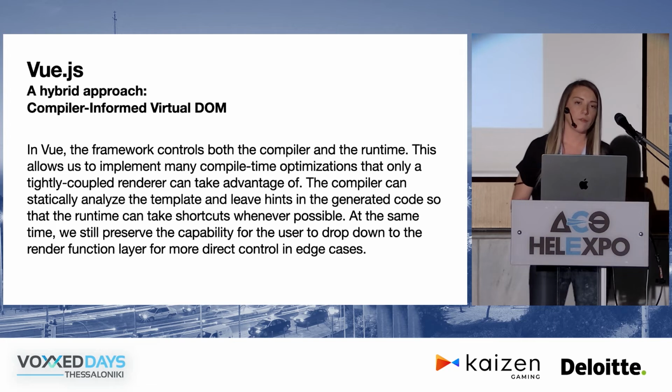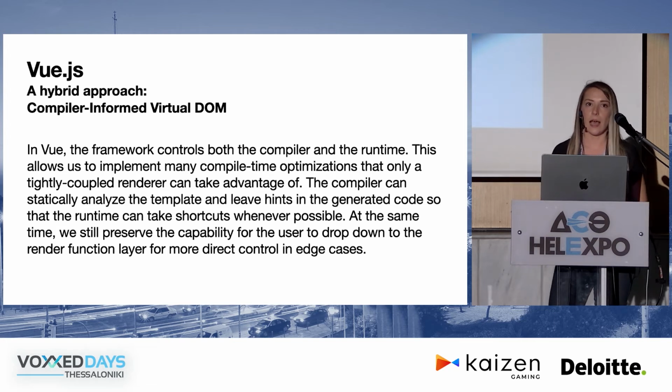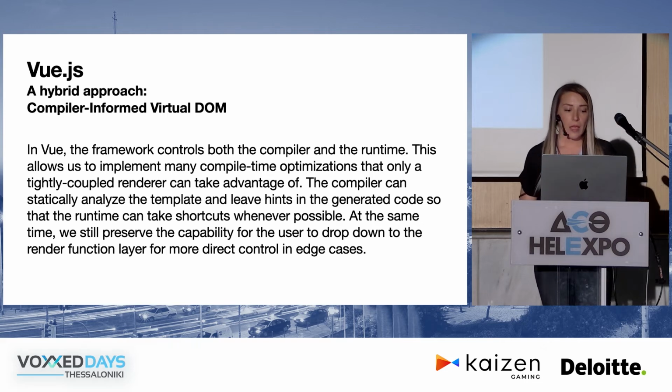There is a compiler for the virtual DOM, which is tightly coupled, and this compiler can take advantage of some generated code that Vue.js leaves behind, and knows how to better handle things and still preserve the capability for the user to drop down to any render function, of course, for more direct control.